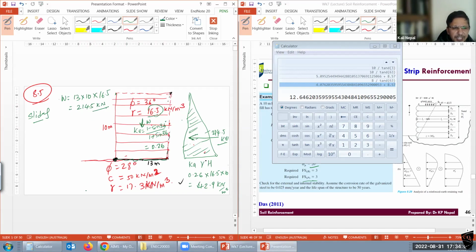All right, so in sliding there is friction. I think the friction angle was 20 degrees we used before. So that load times that is the resisting force, because the earth pressure goes this way and pulls out. So factor of safety for sliding equals resistance, 2145 times tan 20, that's the friction force, divided by the pushing force 214.5.